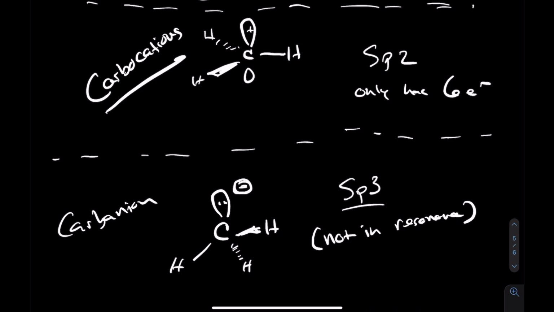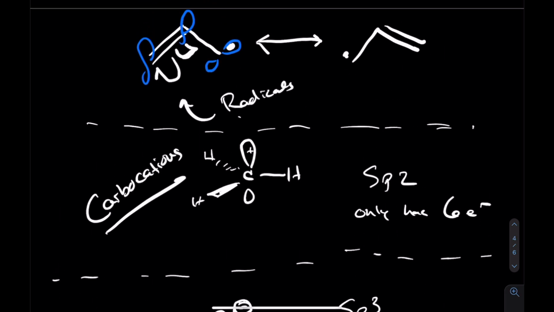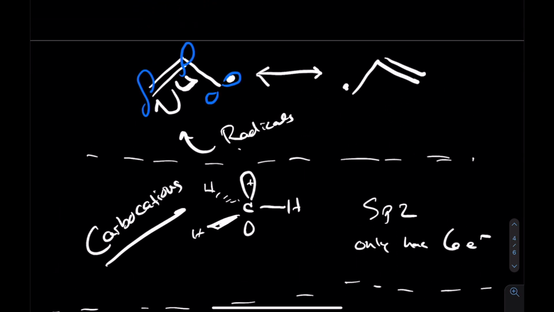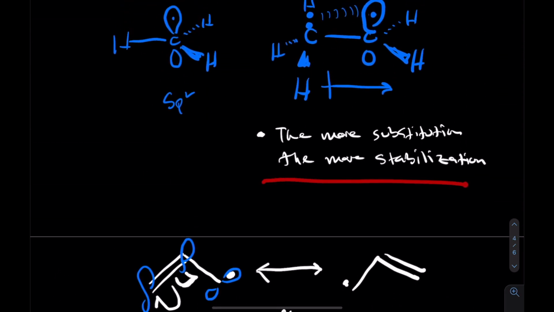But with carbanions, you can imagine now if you have substitution, this is CH3, and that's CH3. You've got your hyperconjugation. Now this thing is like, go away, I've already got electrons. So actually, in carbanion chemistry, substitution is bad. You don't want substitution. In carbocations and in radicals, the more substitution you have, the more stable they are.